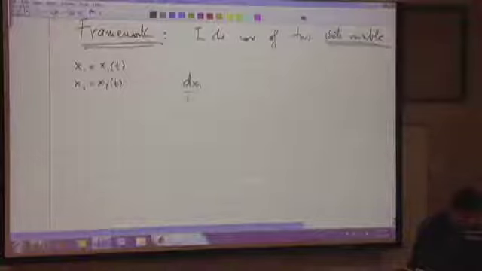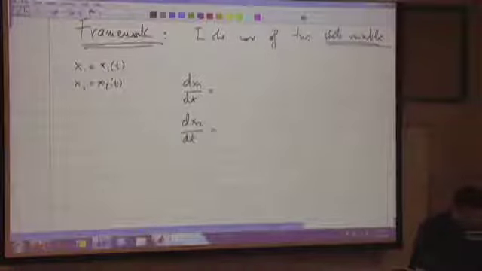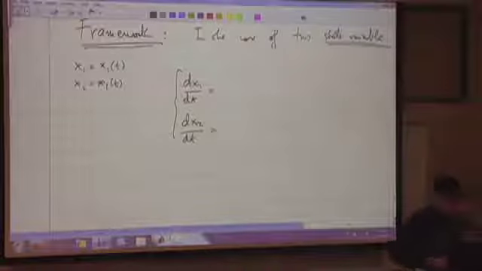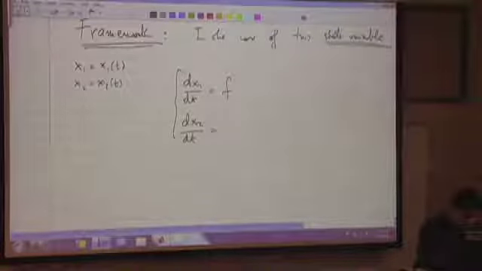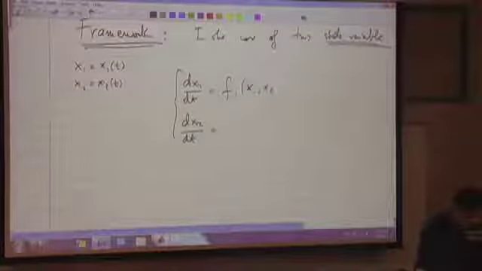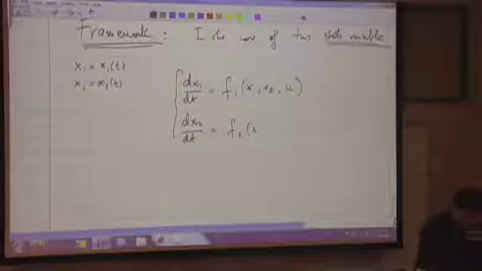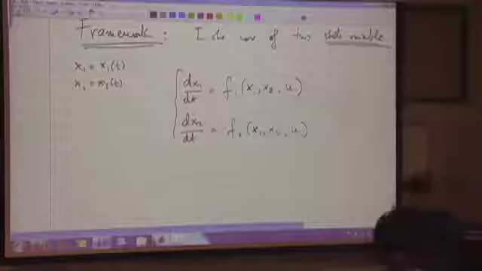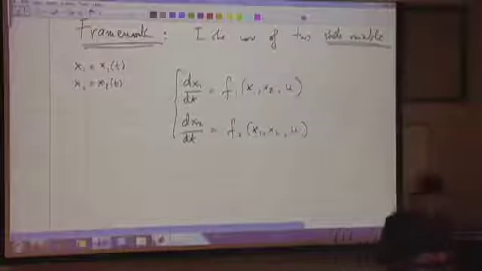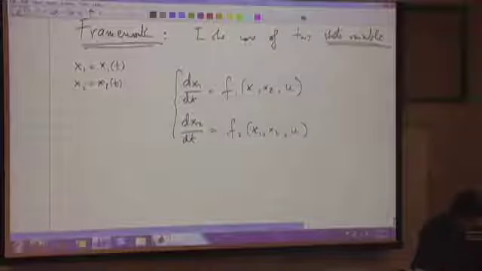And they form this dynamical system, a continuous dynamical system. dx1/dt is some function of x1, x2, and u, and each has possibly u in the right-hand side, right?